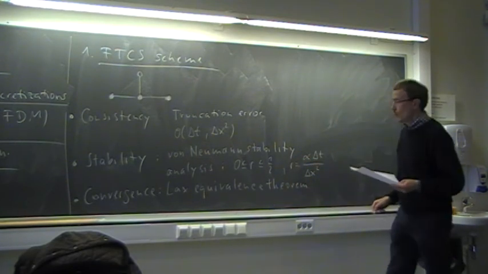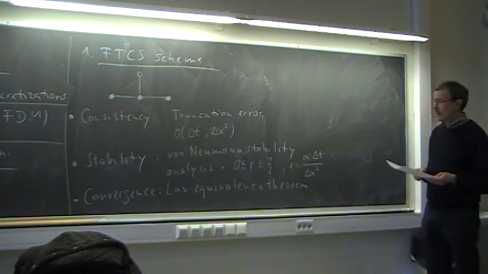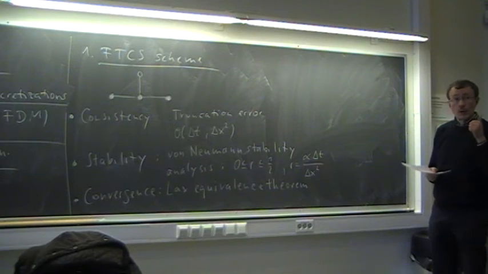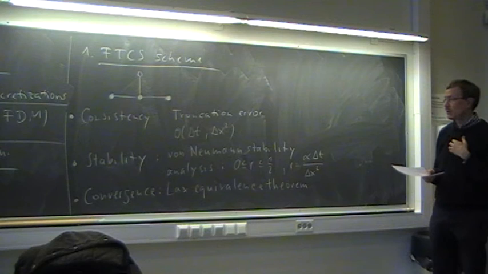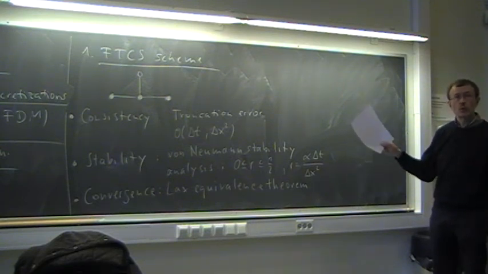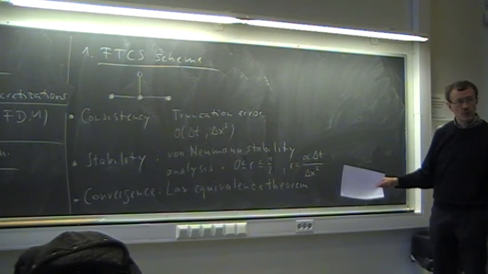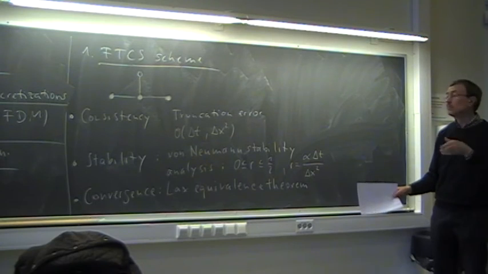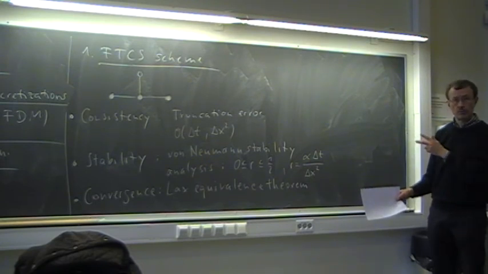That is for a linear initial value problem. So for a consistent approximation of a linear initial value problem, stability is equivalent to convergence. That means when we have shown that the numerical method is consistent and stable, then we know it is convergent.